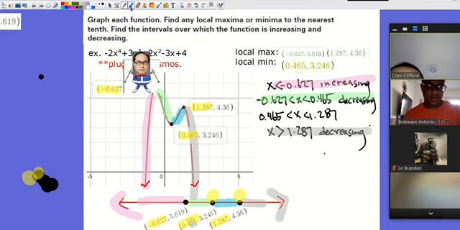And remember, I got that from these 2 points with these 2 x values. Boom, boom. From these 2 points here. And remember, that's increasing. Blue is increasing. So I'm going to write increasing here. And blue, there you go.